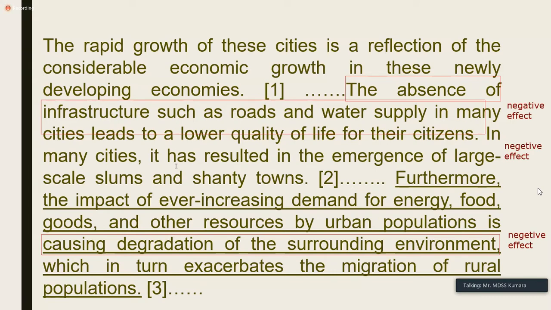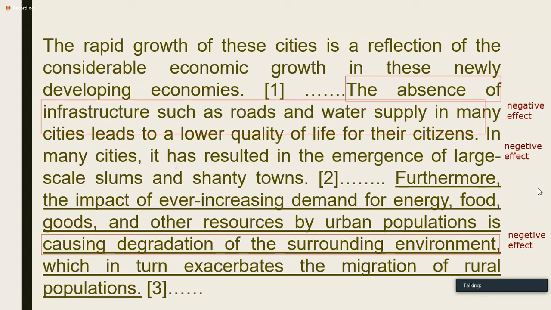What about the first one? The rapid growth of these cities is a reflection of the considerable economic growth in these newly developing economies. What does that give? Something positive or something negative? What it says is something like these cities are growing because their economies are growing. The economies of the countries are growing.